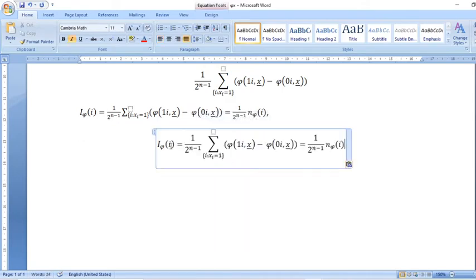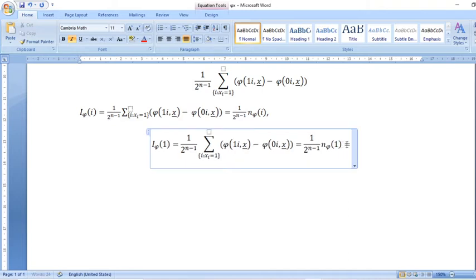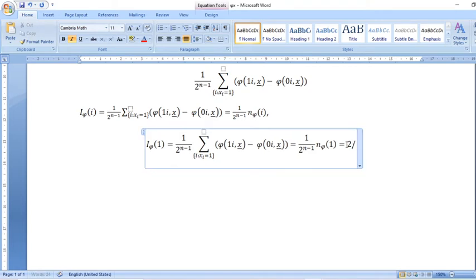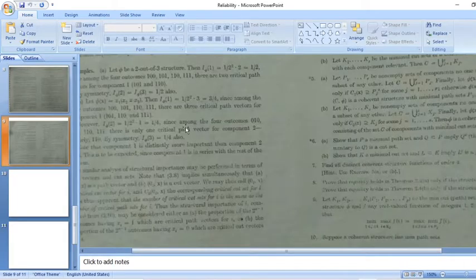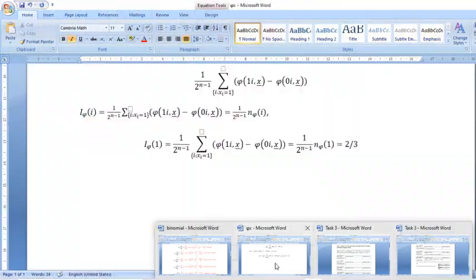So in the case of component I equal to 1, how many critical path vectors? 2 critical path vectors among the 4 vectors with I equal to 1.